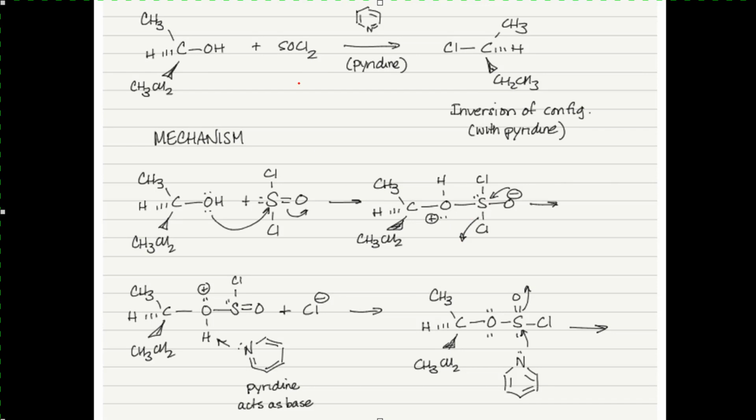Okay. Now, SOCl2 is a new reagent that we can use to replace an OH group with a chloride. So SOCl2 is called thionyl chloride. And thionyl chloride, depending on the textbook that you look at, will either go by inversion of configuration or retention of configuration.